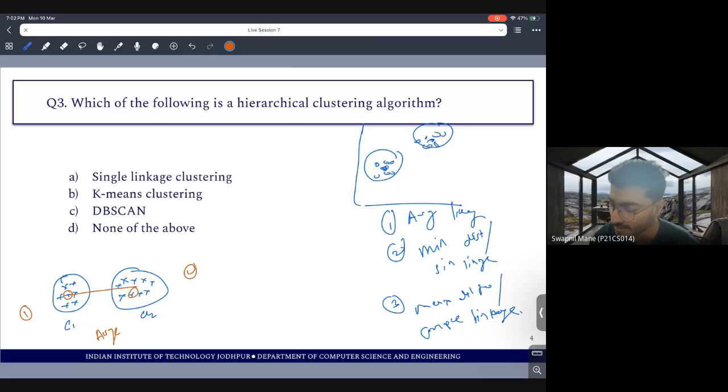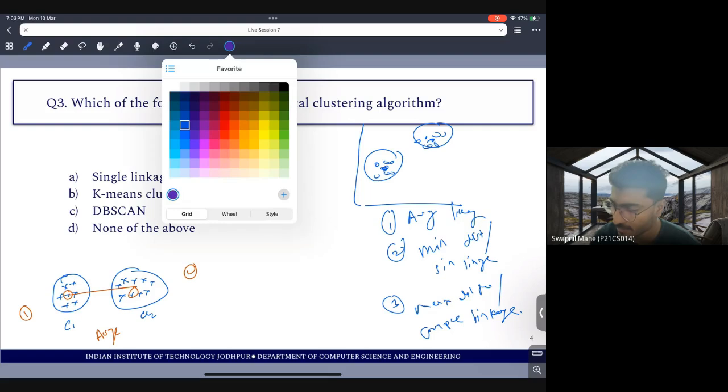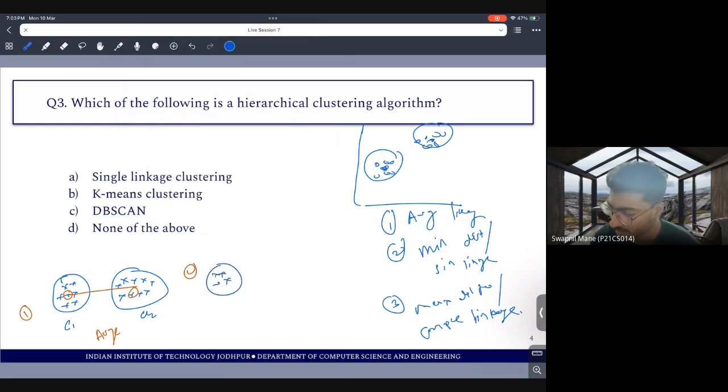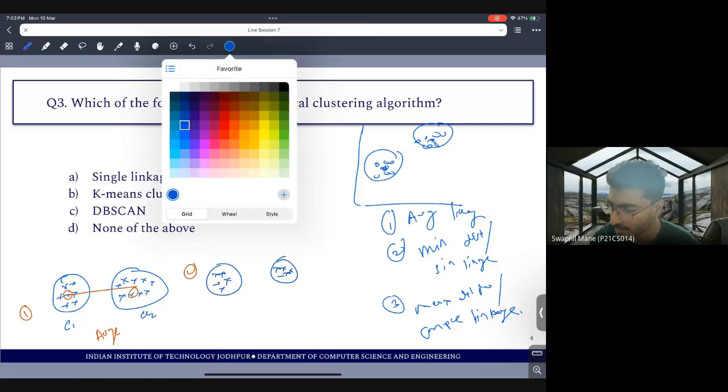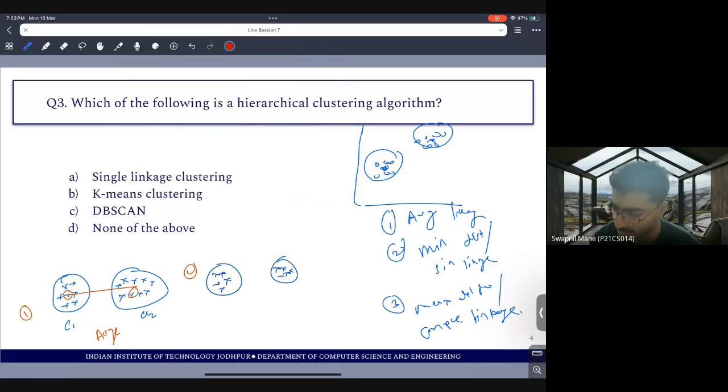The second one, in a similar way, is that we take the distance between the closest points.